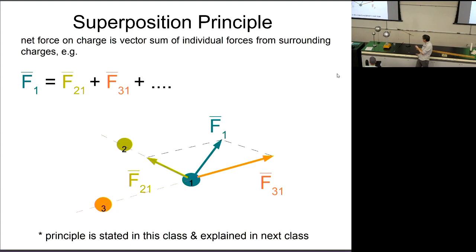You have to add up these 2 force arrows, and here's the resulting force. Here's a picture of the superposition principle, and here's an equation describing it. The total force on charge number 1 is the vector sum of the individual forces on charge number 1 due to charge number 2 and due to charge number 3.